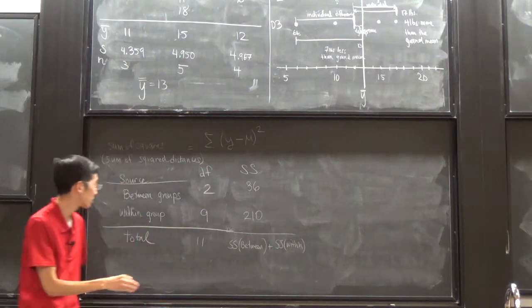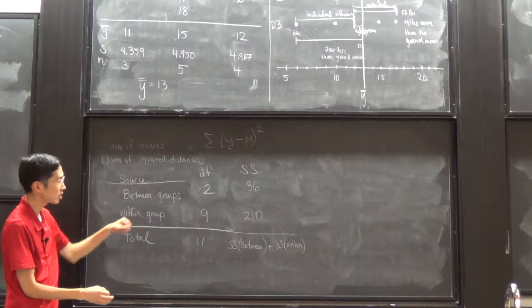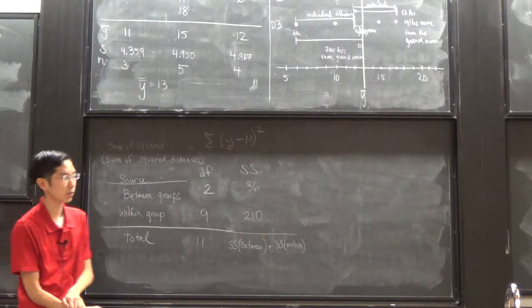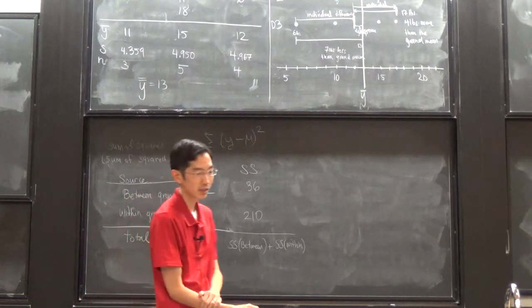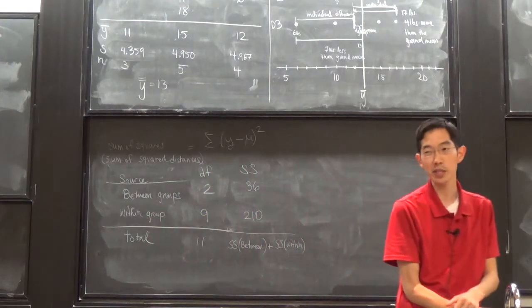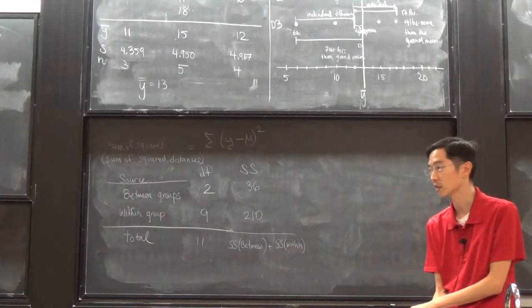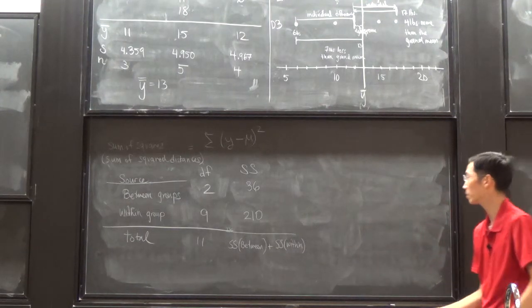If the difference between the groups is large compared to individual differences, then we would have evidence that the groups are different. If the group differences are small compared to individual differences, then we would not have evidence that the groups are very different. Okay?